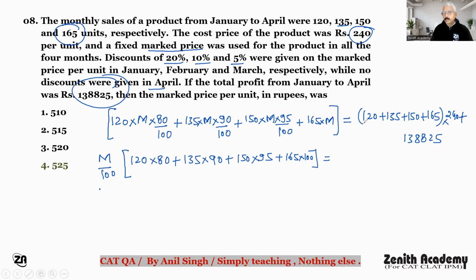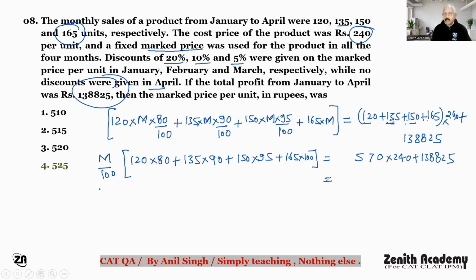Here 120, 135, 150 add up, and the total comes to 570, into 240, plus 138825.